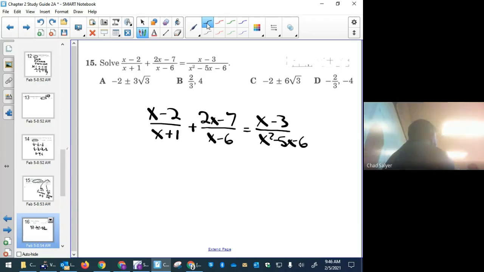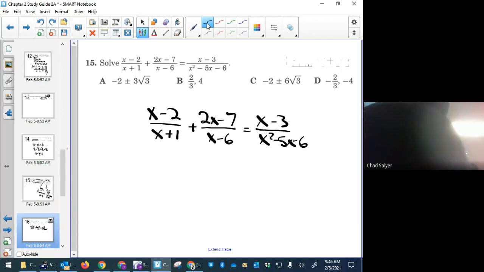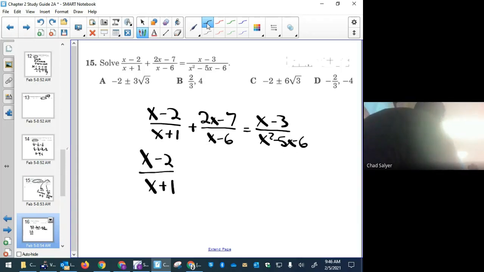This just conveniently for us is x plus 1 times x minus 6. So I see that I need to multiply each by the other's denominator in order to have that common denominator.